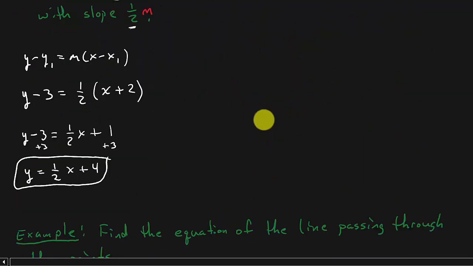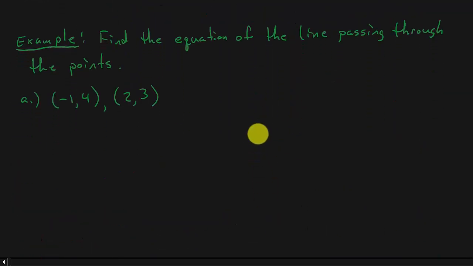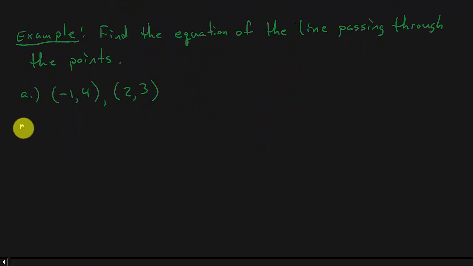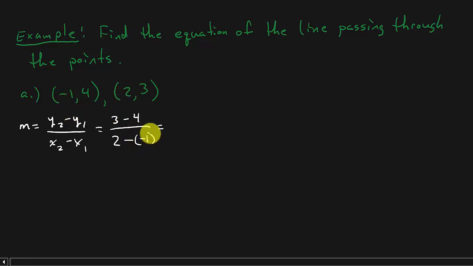So let's find the slope. Okay, so first the slope, m equals (y2 minus y1) over (x2 minus x1). So that's going to be 3 minus 4, y2 minus y1, over x2 minus x1. And so that's going to be negative 1 over 3.